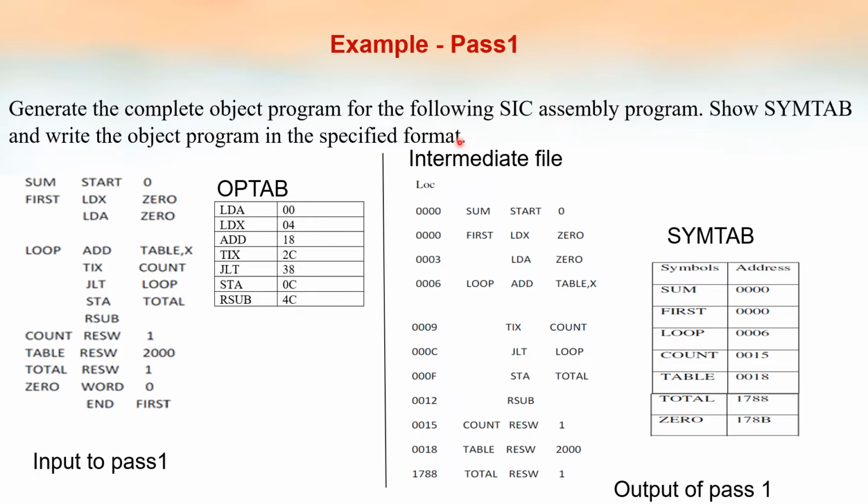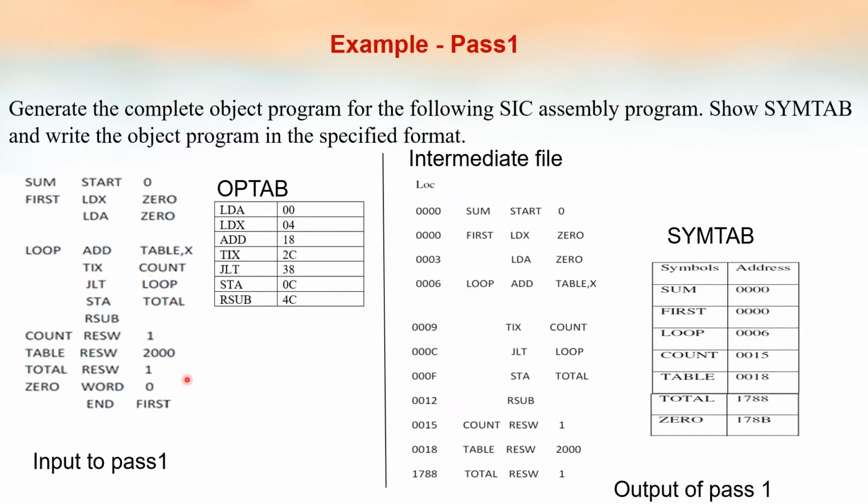Another input is the optab. These two are the inputs to pass1. Then the output is an intermediate file and SymTab.